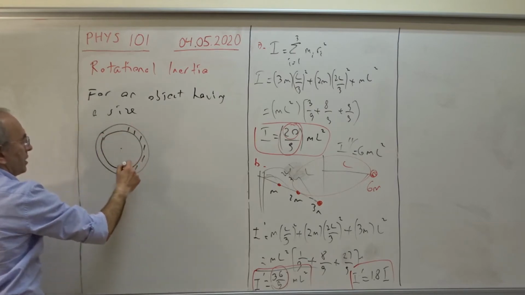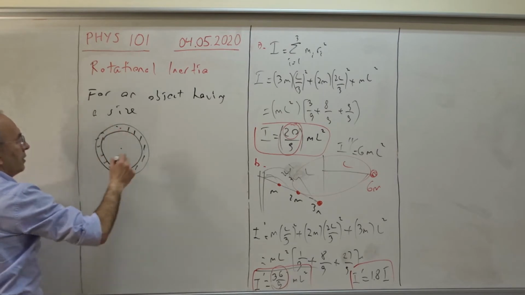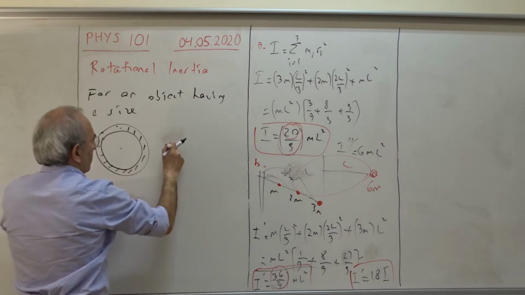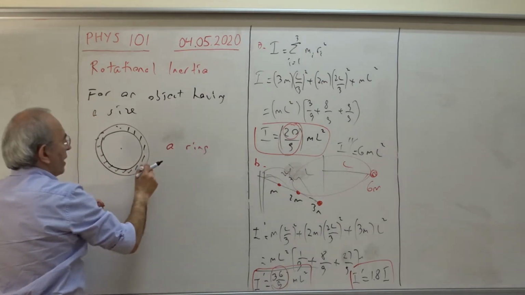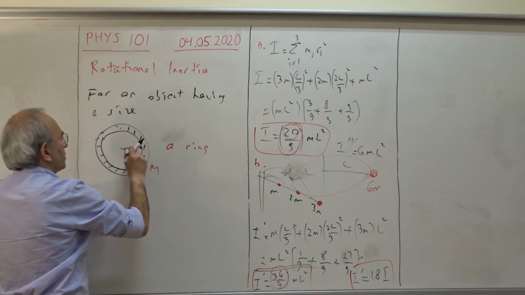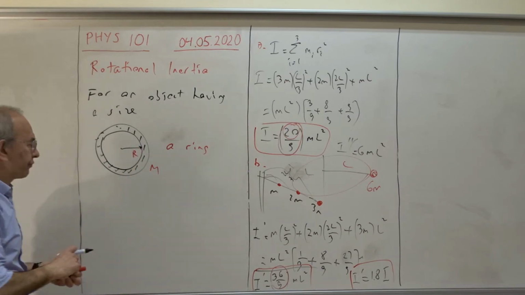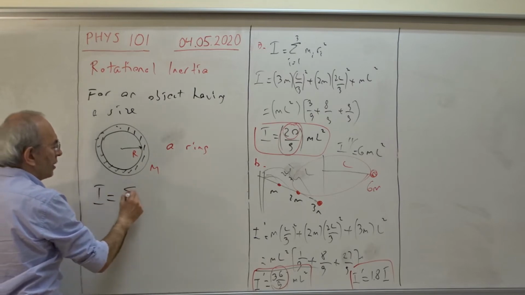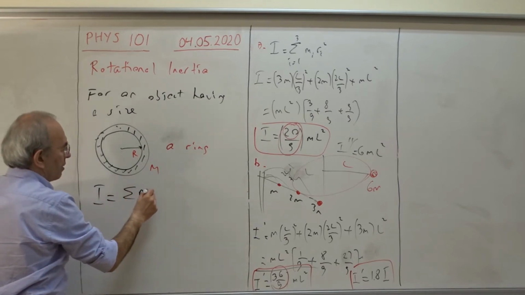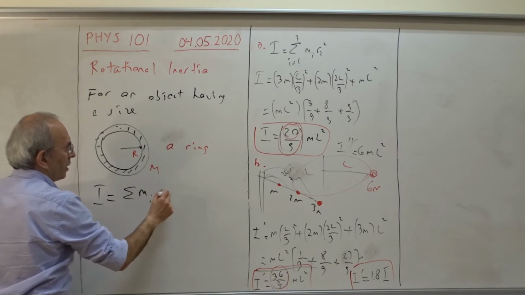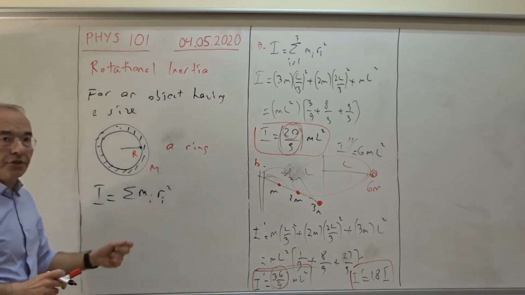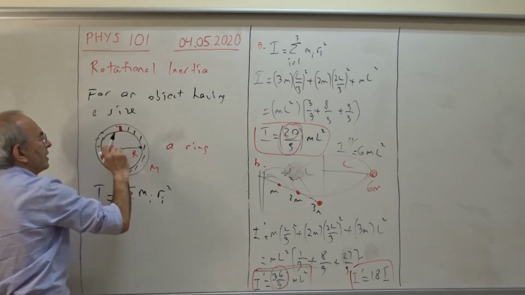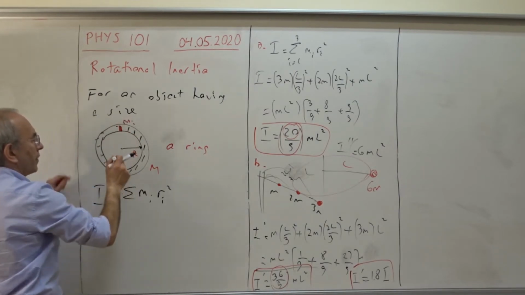So the mass is just in the ring, so it is empty. A ring, mass m, radius r. What is the definition of I? It was a summation, remember, m_i times distance r_i squared. But consider a mass element here, let me call it m1.